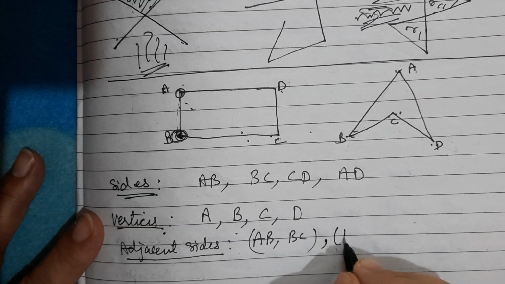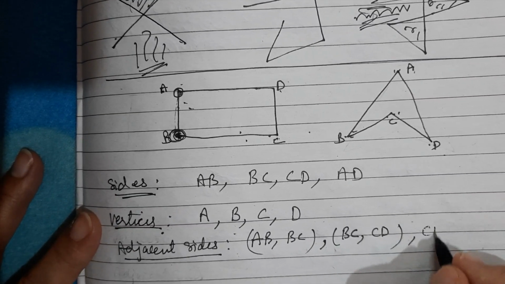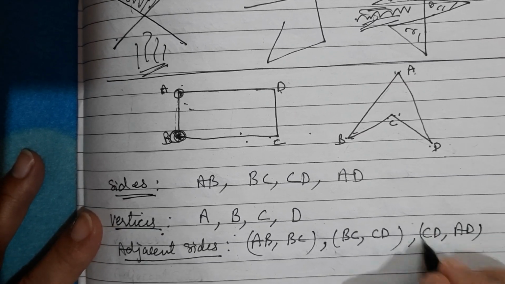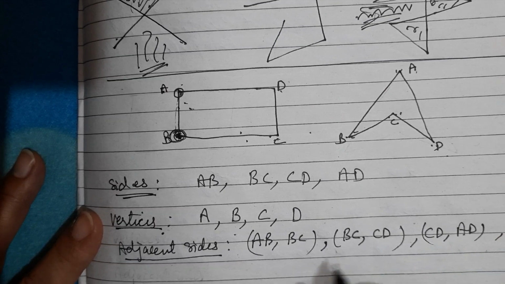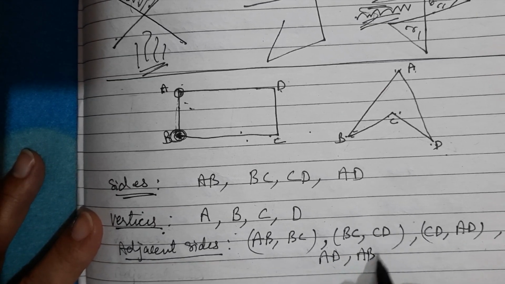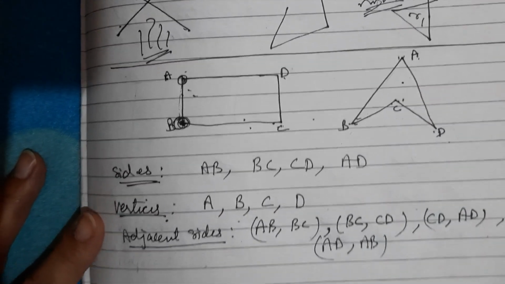In the same way, BC and CD are adjacent sides, CD and AD are adjacent sides, and AD and AB are adjacent sides. Same here also. These are adjacent sides.